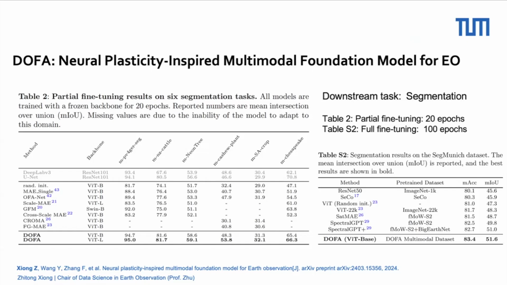Here we need to note that we are only using a single set of parameters. We don't need to train on different data sources individually, but we can still outperform them using this single set of parameters. So we could conclude that DOFA works better, not only in performance, but also in generalizability.